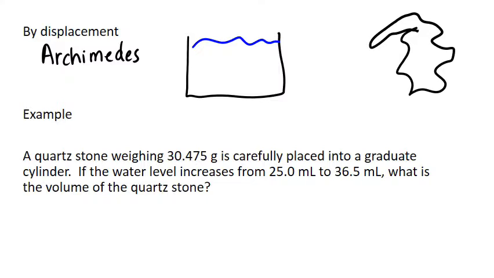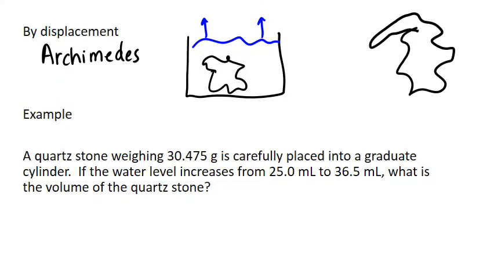And if I have that irregularly shaped solid, let me put another little crazy one there in my container, we know that that water volume level in that tank is going to go up. And the difference between those two measurements of volume are equal to the volume of the irregularly shaped object.